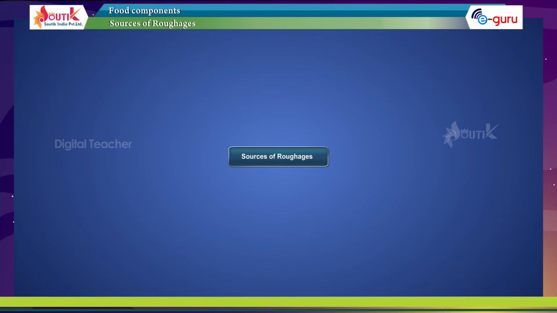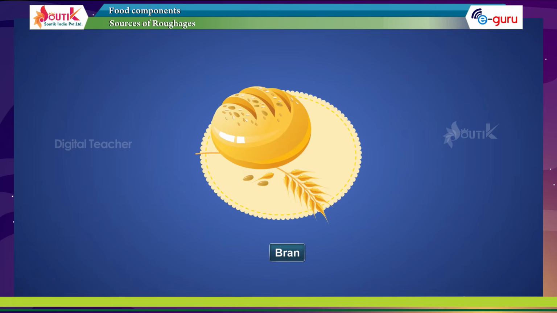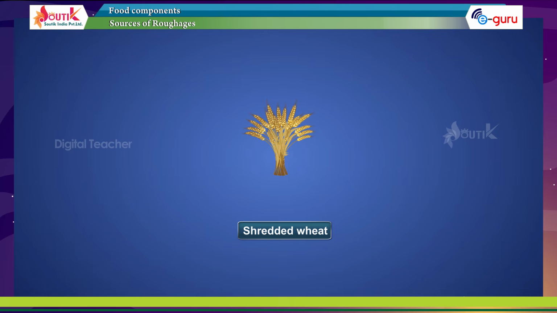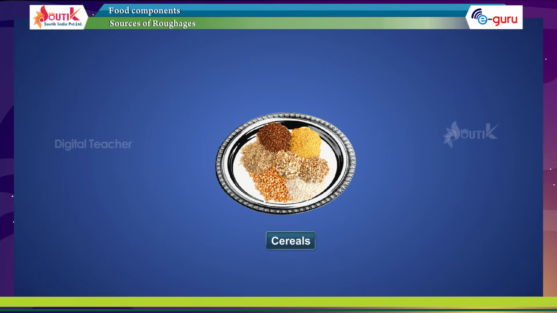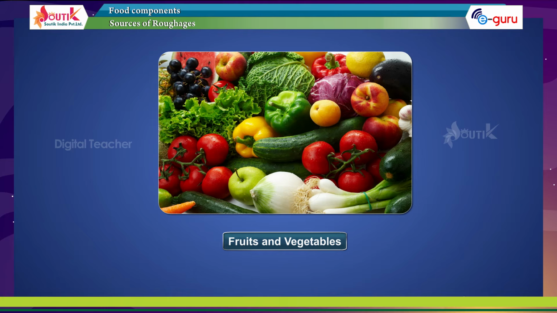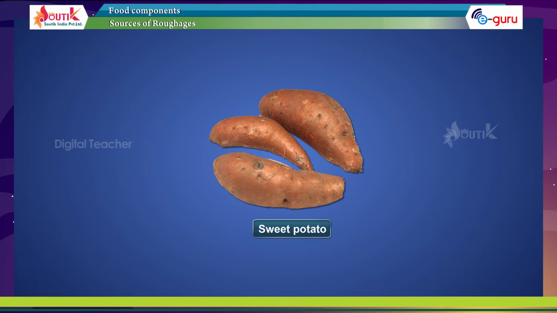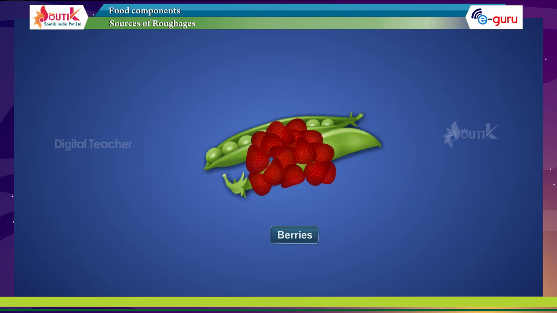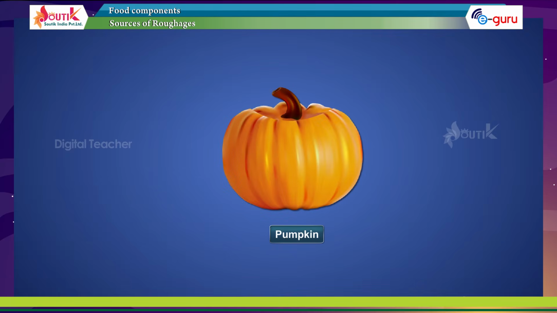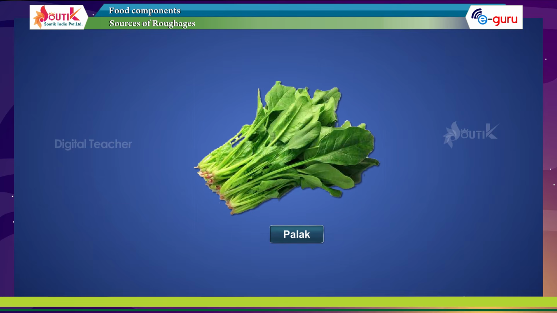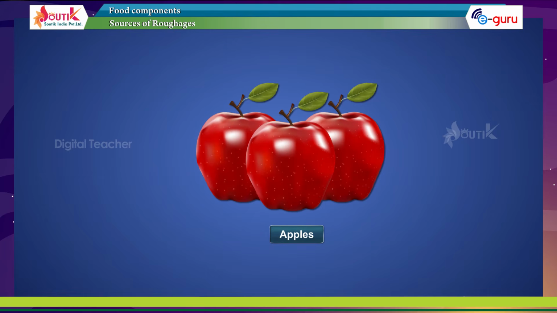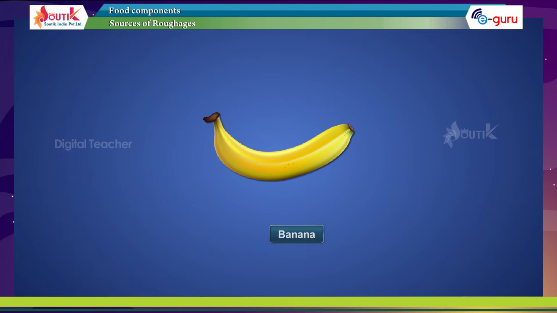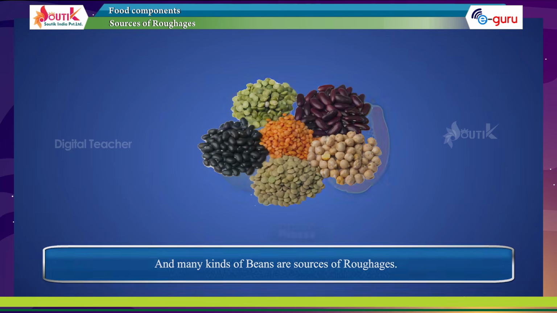Sources of roughages: bran, shredded wheat, cereals, fruits and vegetables, sweet and plain potato, peas and berries, pumpkin, palak, apples, banana, papaya, and many kinds of beans are sources of roughages.